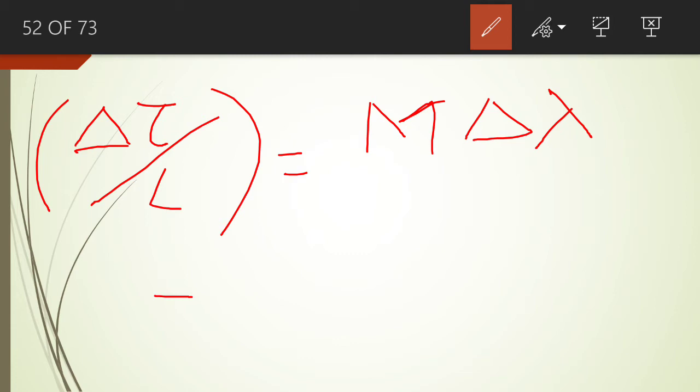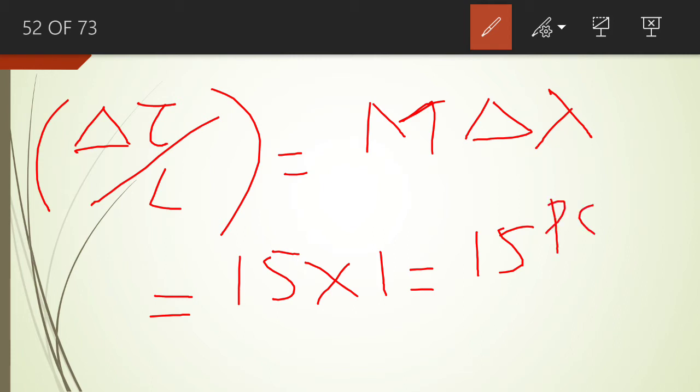So we put the values. The material dispersion was 15, and delta lambda is 1, so we get 15 picosecond per kilometer. So this is the pulse spread per unit length.